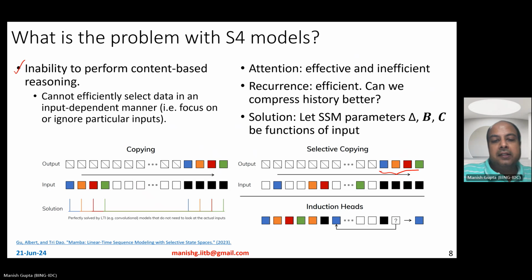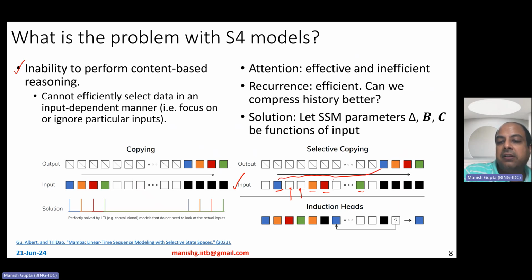Okay. But let's say you want to do selective copying. What does selective copying mean? Selective copying means that the input is like that, and the boxes are distributed with gaps between them, and you want to copy them. Now the model does not know that it has to ignore and not copy this stuff, especially if the gaps are random in nature. Whatever kind of training you do, the model will not be able to know that it should not copy that stuff. This task is called selective copying.